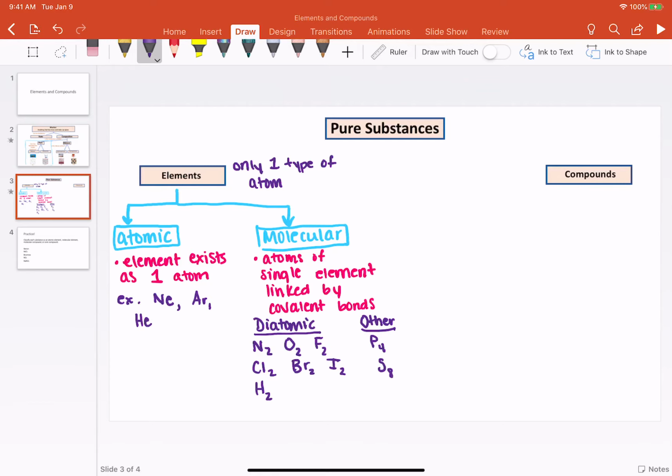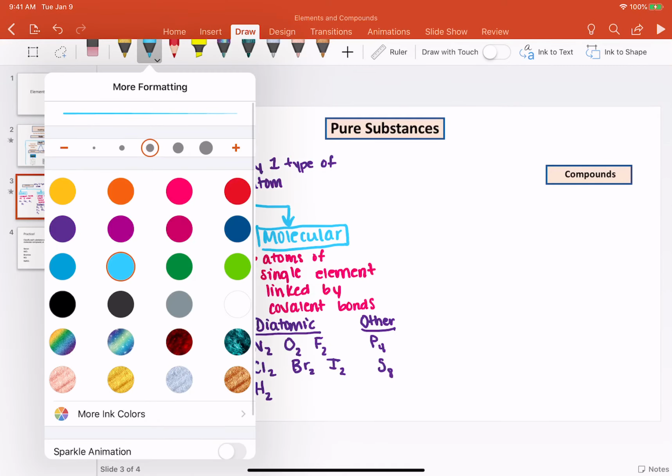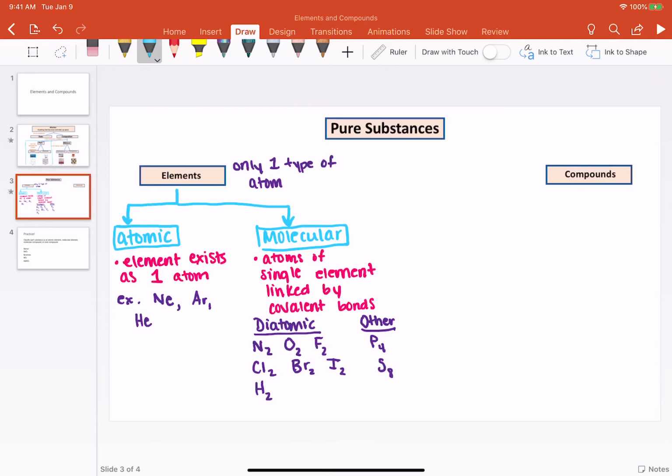And on the other hand, we have our compounds, which are multiple types of atoms covalently, or ionically, bonded together. Depending on the type of bonding, that is going to be our two different types. So we have molecular compounds, just like we have molecular elements.